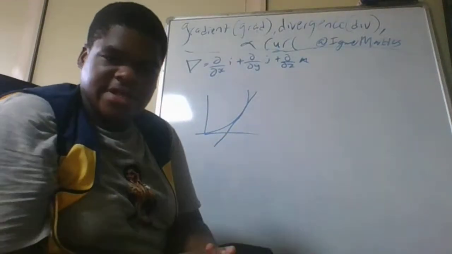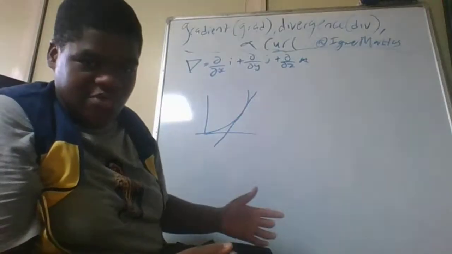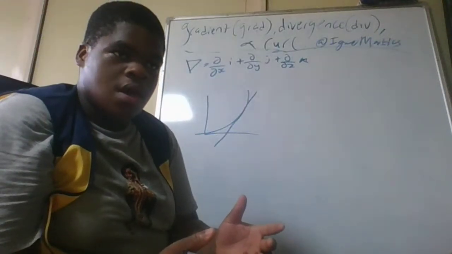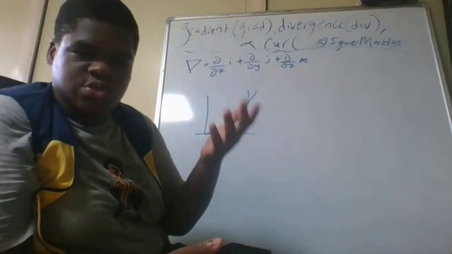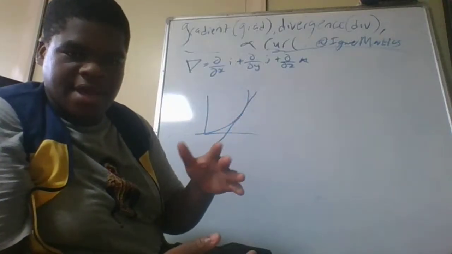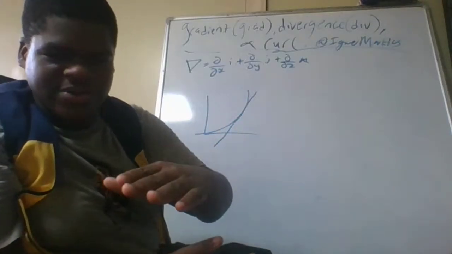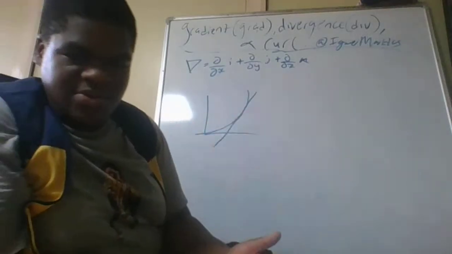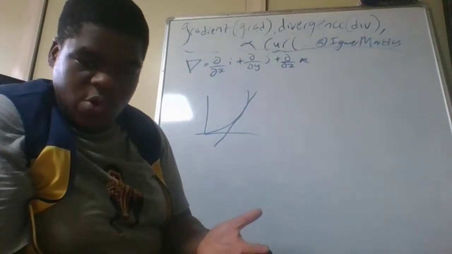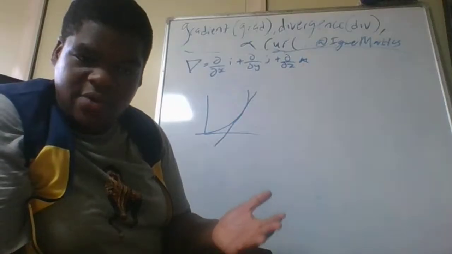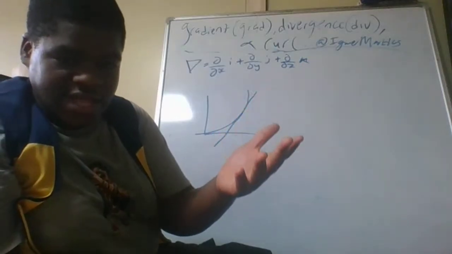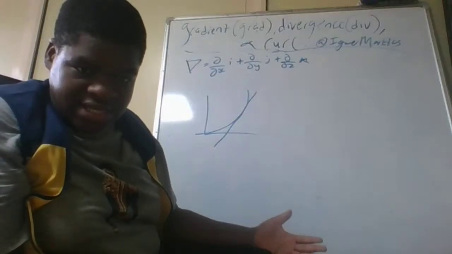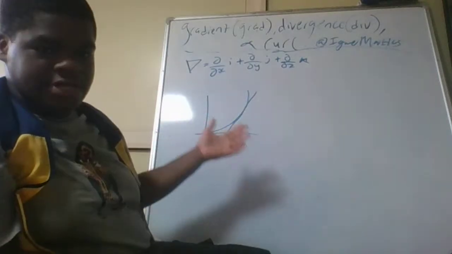I don't really know how to describe a gradient for you, but let's see: how much rise will you get per movement along the x-axis? How is it changing with respect to the x-axis? How is the output y changing with respect to the change in x? That's what the gradient will give you.